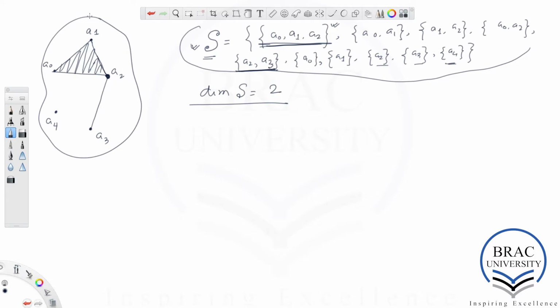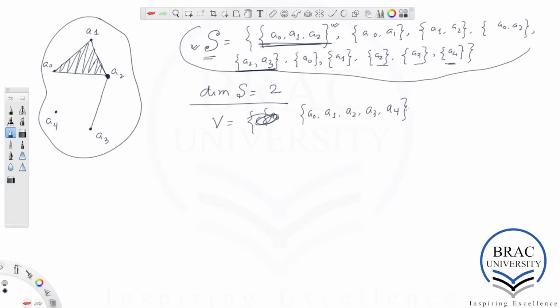Okay, so what is the vertex set in this case? The vertex set is the collection of all the one-point sets in the abstract simplicial complex, which means that the vertex set is A0, A1, A2, A3, and A4. This is the vertex set.